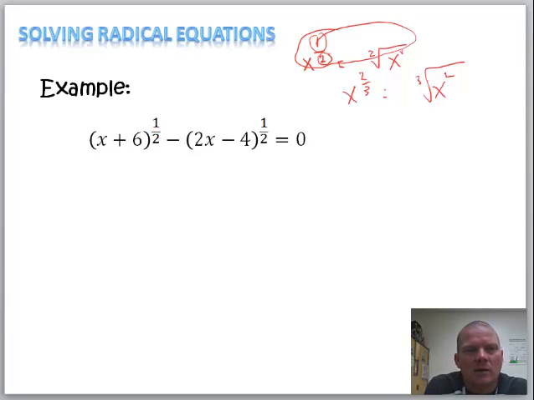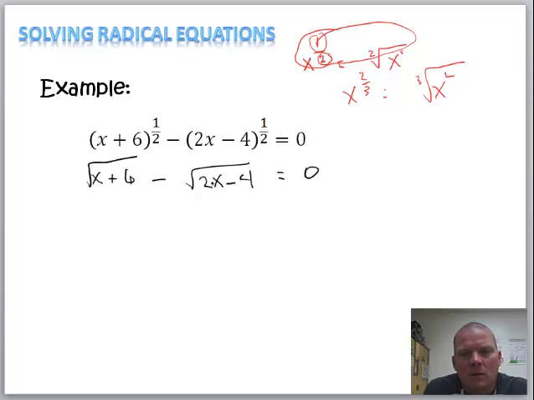So I can rewrite this problem as the square root of x plus 6, I can make it square root instead of to the 1/2 power, minus the square root of 2x minus 4, and that's going to equal 0. Now I don't have this solved for one of the radicals, so we'll solve it for one of the radicals, and basically what I do is I just move one of them to the other side.